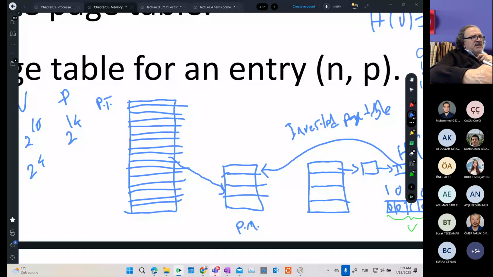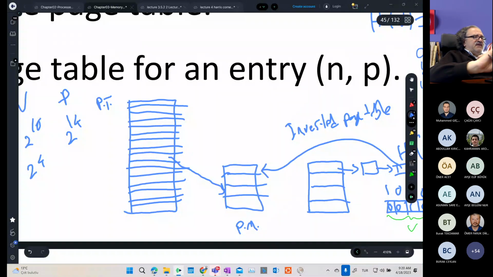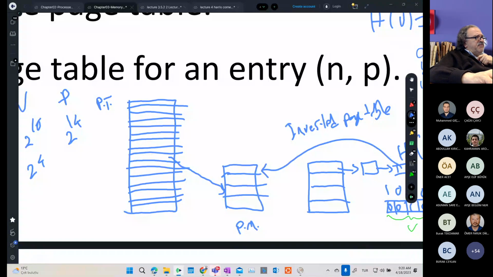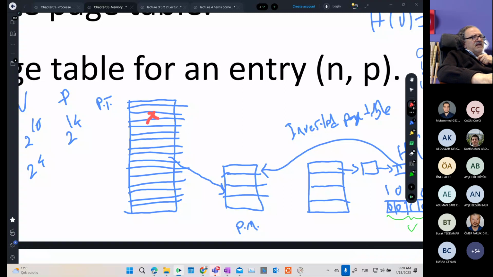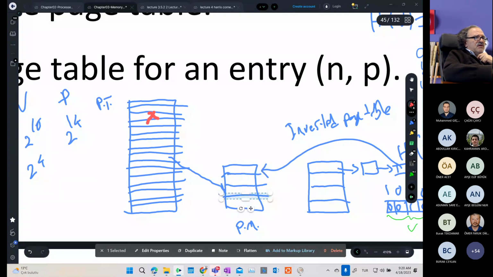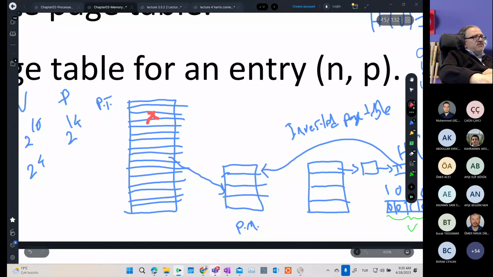I need to keep some part of this whole virtual memory on the disk. Which part am I going to keep on the disk? Which part am I not? So let's say this one is not in the memory, and I need to get it from the disk to the memory. And my memory is full. It is all full, okay? So which one should I replace? Should I replace this one, this one, this one, or this one?